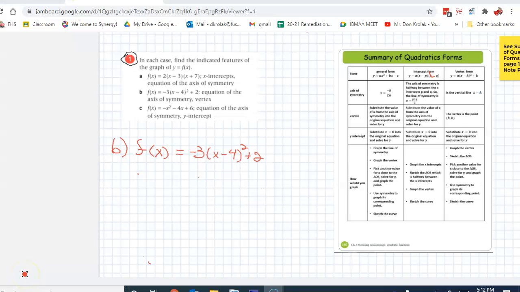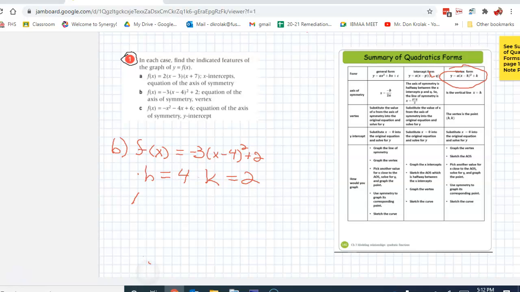Since this is written in the form that it needs to be, which is a minus h and a plus k, from this I know that h is equal to 4 and k is equal to 2.